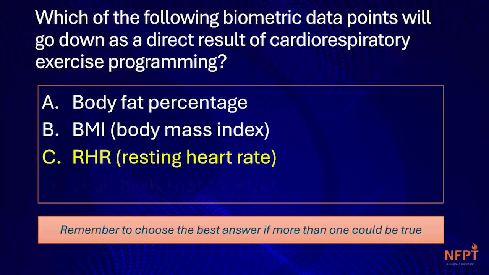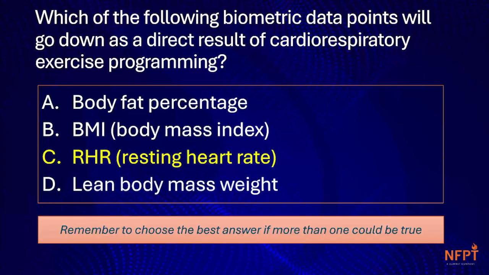All right, let's finish by looking at answer option D, lean body mass weight. On this one, you might be leaning that way too, because we know when clients are in a calorie deficit doing cardio, they do risk losing muscle mass if they're not eating correctly and doing strength training. So you might be teetering on this one being the correct answer as well, but it's not.